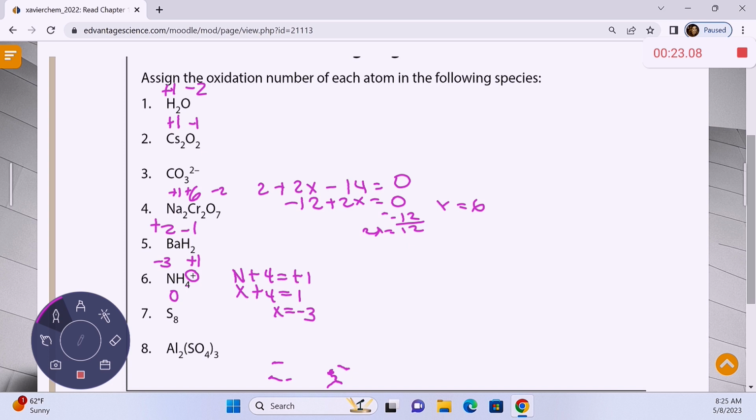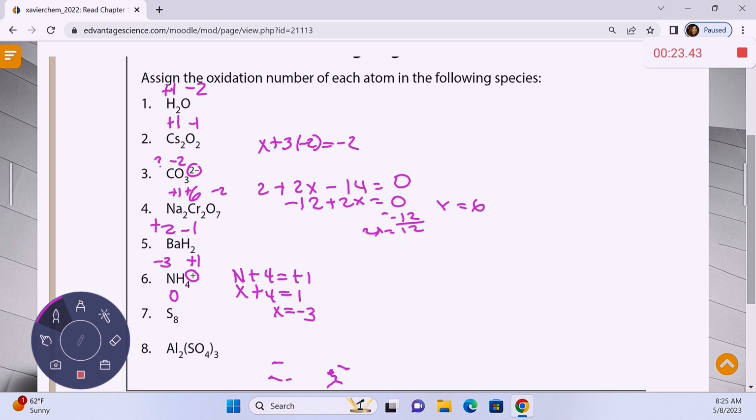All right, number 3. What do you know? The oxidation number of which one? O is -2. So we're going to solve for C using basic algebra. Walk me through the equation. X plus 3 times -2 equals that negative charge.